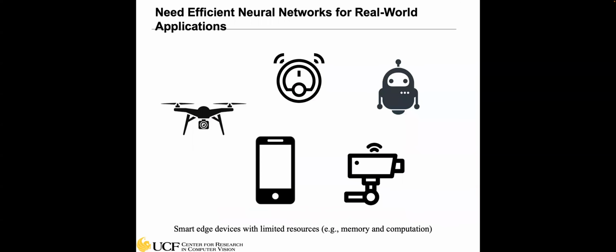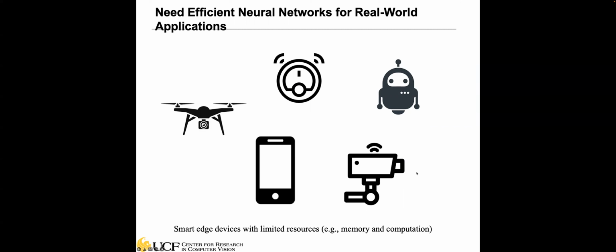But in a lot of real world applications, it's not like we have a data center or a dedicated computing cluster that allows these kinds of large models to be deployed, to train, and to do the inference. In a lot of cases we have edge devices with limited computing resources, right? For example, your smartphone, iPad, right?